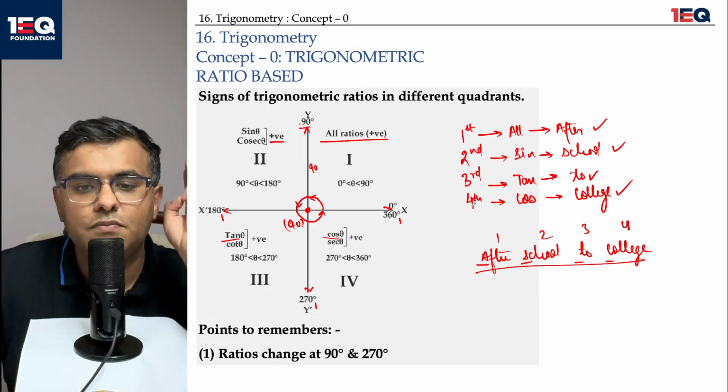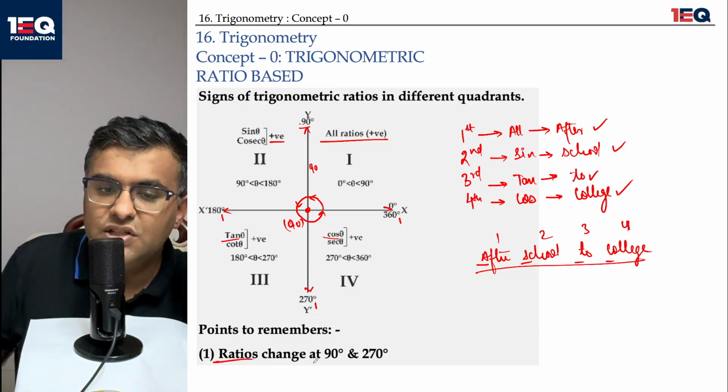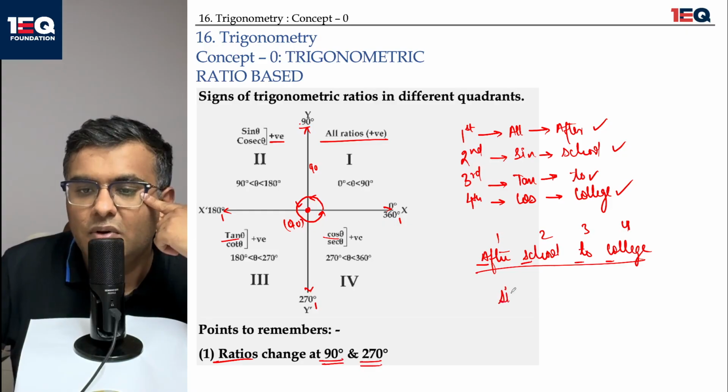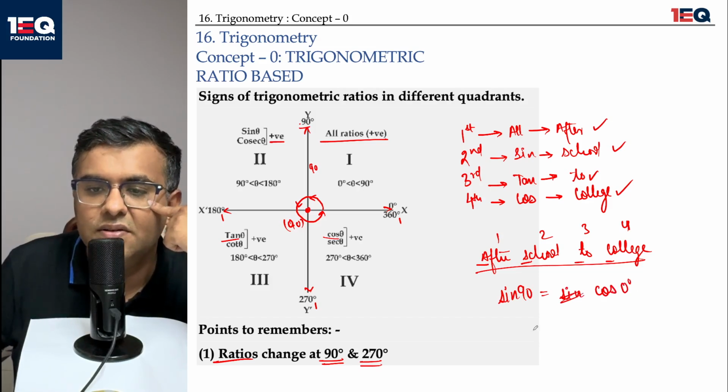Got it? Now, the ratios change at 90 degrees and 270 degrees. If somebody asks me what is the value of sine 90, I can say this is equal to cos 0 degrees.